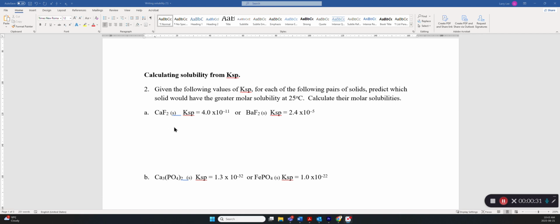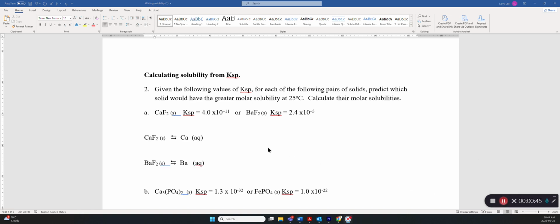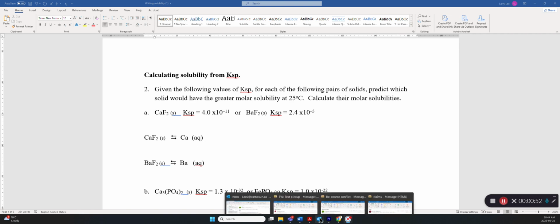Okay, so for these questions, it's really important to write the chemical dissolution or the solvation equation, the balanced solvation equation, and let's do that. So I have it partially written right here. Let's go to the common ion table.